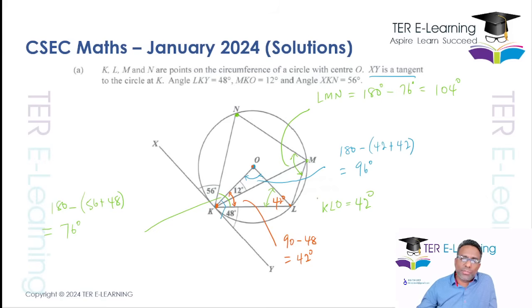All right, so here's what's happening here. If this angle here at the center is 96, I can actually work out this angle here. So there's a rule that says, no, wait, hold on. Can I work out that? No, hold on a sec. We want to get KLM.